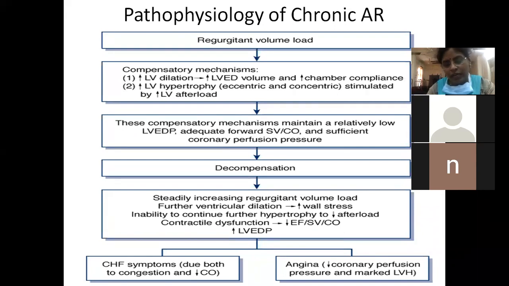So both left ventricular and right ventricular failure give the symptoms in patients with aortic regurgitation at any stage of decompensation. And the second main clinical feature is angina. Angina is due to decreased coronary perfusion in the phase of diastole in the decompensated state. Okay, this is the pathophysiology of chronic AR.